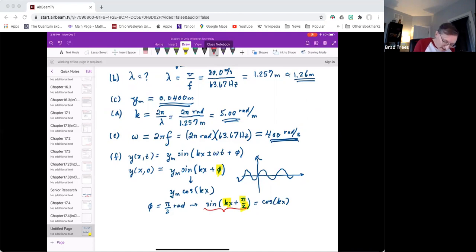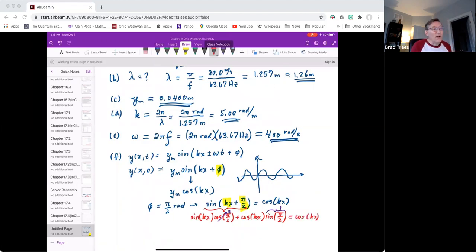You can write that as sine of a cosine of b plus cosine a sine b. Then use the fact that cosine of pi over 2 is 0, sine of pi over 2 is 1, and the whole thing is now just equal to cosine kx, like I wanted.